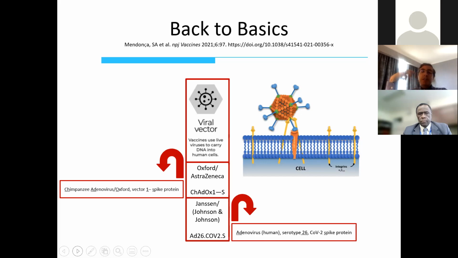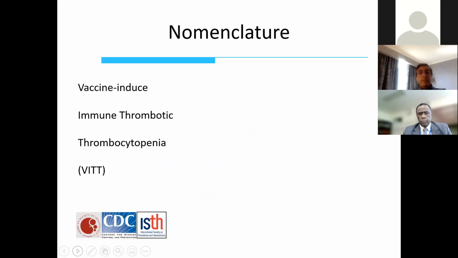There is the process that the virus carrying a cassette with the DNA material incorporated into the virus, or the vector, is subsequently introduced into the host cells, and that is what will allow those cells that have now been infected to present the spike proteins, because that DNA will be incorporated into the cellular machinery.